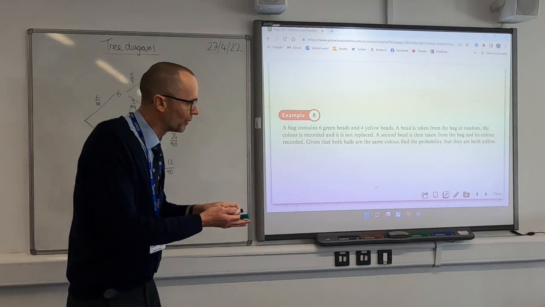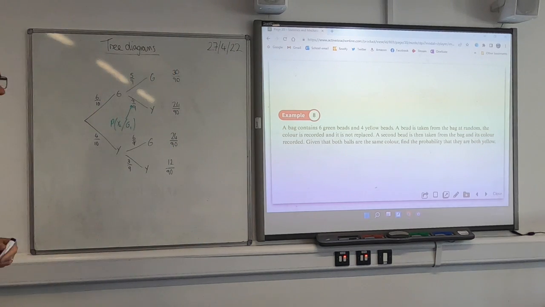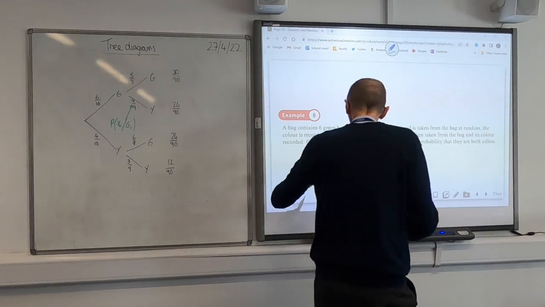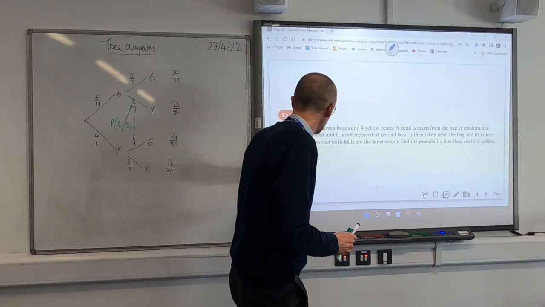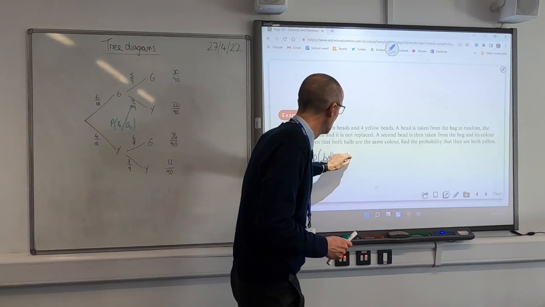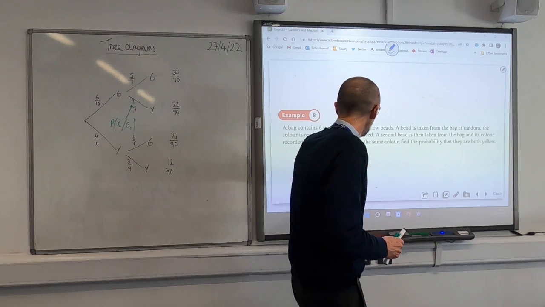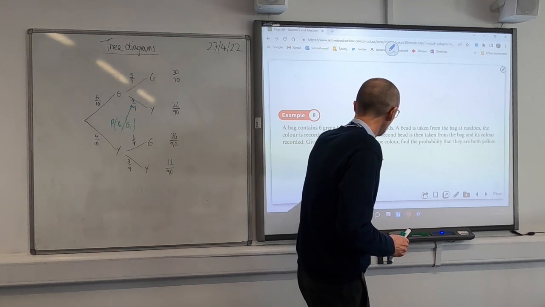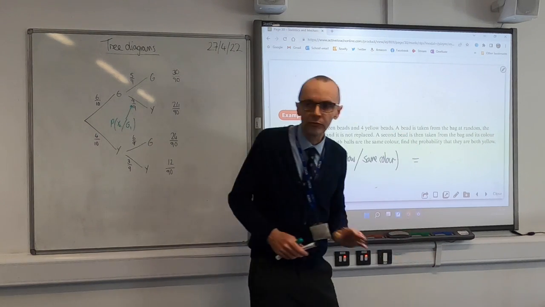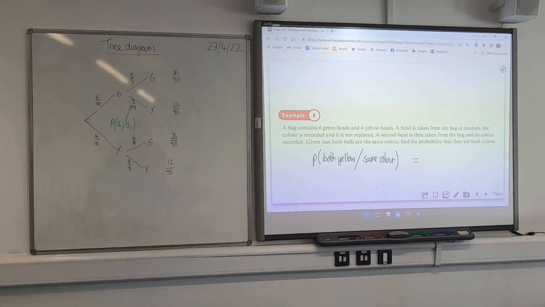So this one here: given that both balls are the same colour, find the probability that they are both yellow. So what this is, let's use our given notation. This is the probability that they are both yellow, given that they are the same colour. And why have I bothered writing that sentence in that way?